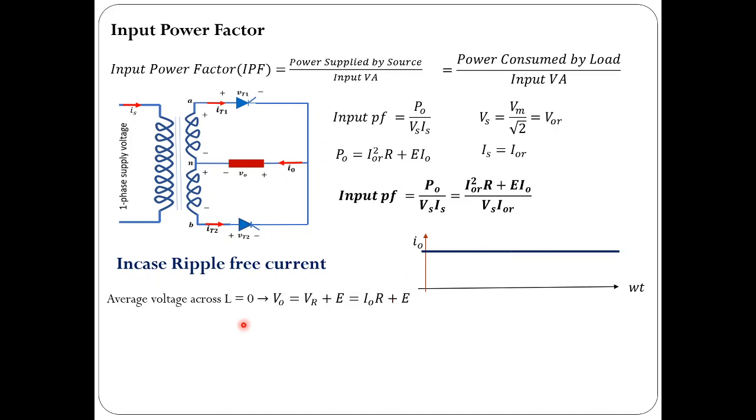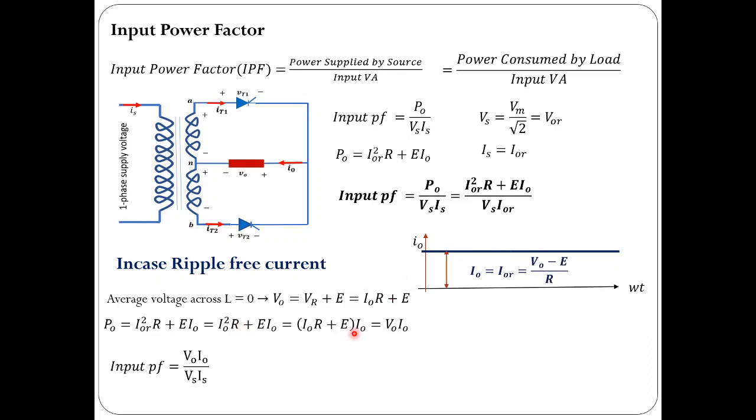In that particular case, you can derive that I naught, the average value, is the same as this constant value of load current, which is also the same as I0R, and is equal to V naught minus E by R. We know the average value of load current is equal to V naught minus E by R. In case current is ripple free, the average current is the same as the RMS value of the load current.